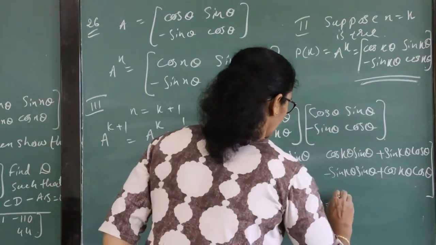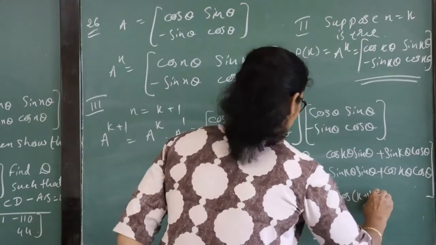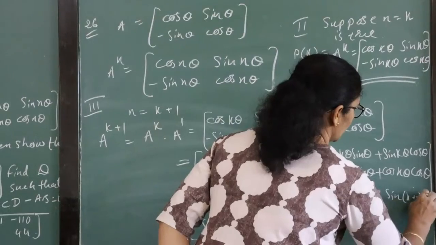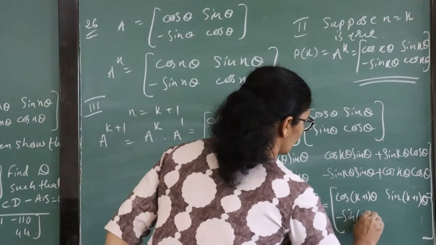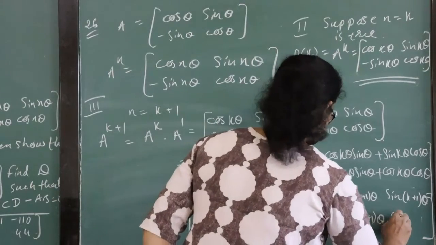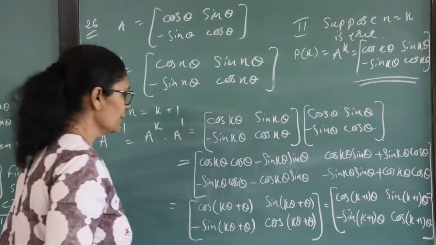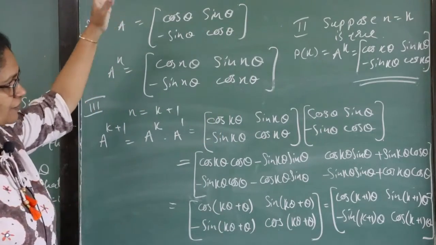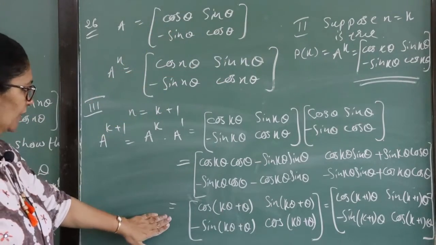Now if I simplify this, what do you get? Cos k plus 1 into theta, sin k plus 1 into theta, minus sin k plus 1 into theta, and last cos k plus 1 into theta. What is our principle of mathematical induction? That we have to prove first for 1, then assume for k, and then prove for k plus 1.